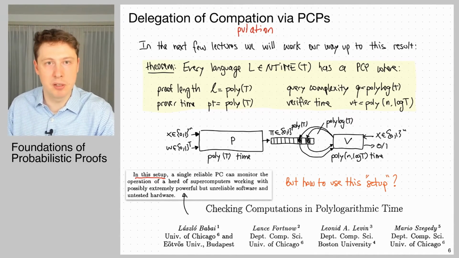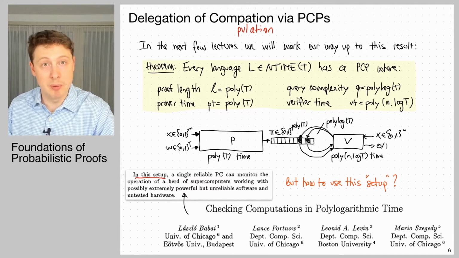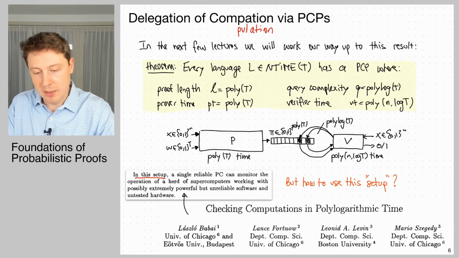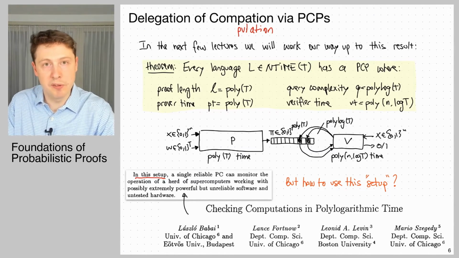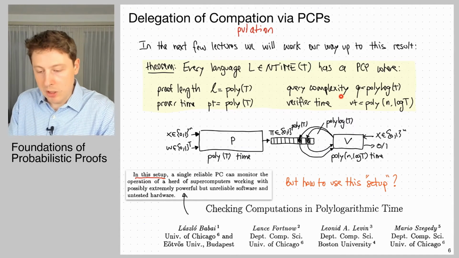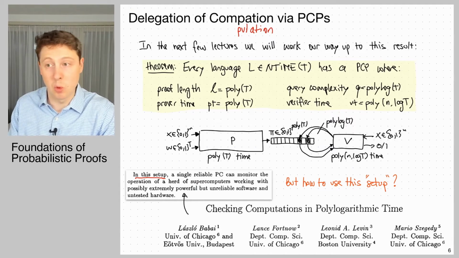Because that would contradict the exponential time hypothesis. So that's something that we saw a few lectures ago. Yet here, you could, for example, set this language to be 3-SAT. T here would be on the order of n, because the time to verify a 3-SAT formula is linear, and the query complexity would be polylogarithmic. The verifier time would be polylogarithmic as well.